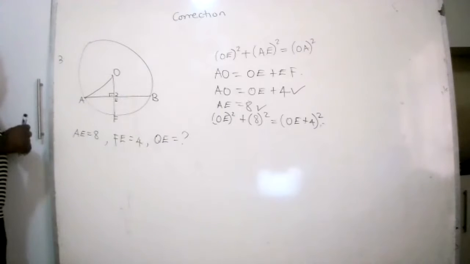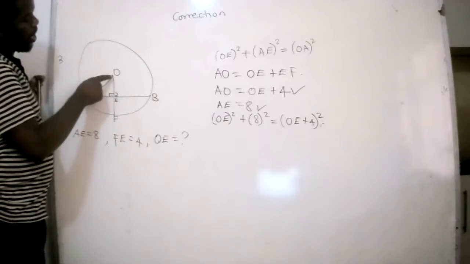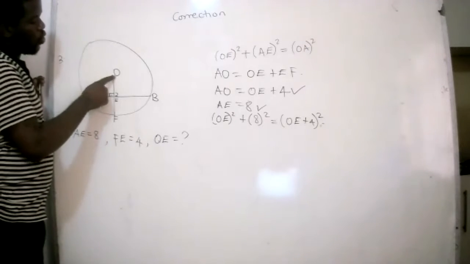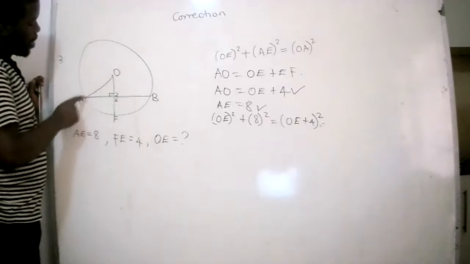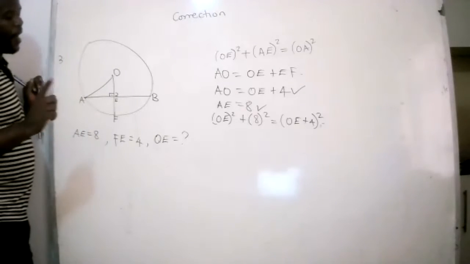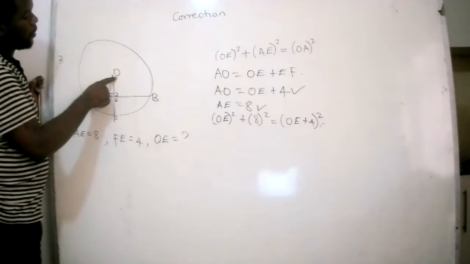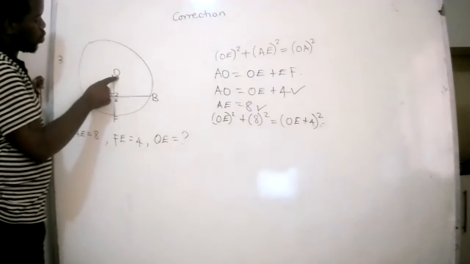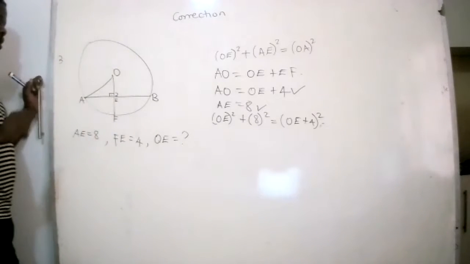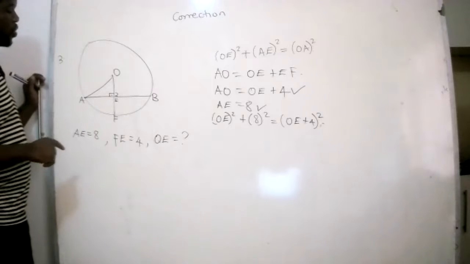I asked before that in this case, we're given that OF is equal to OA. I wanted to know why we say OF is equal to OA. Can you deliberate on that as well?